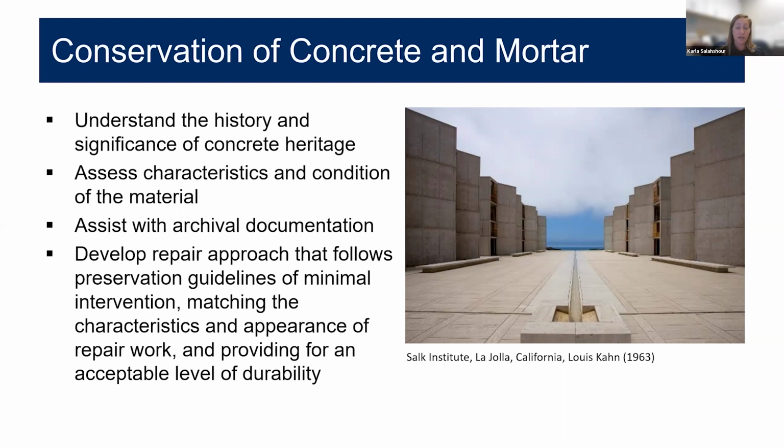We can also use documentation, but we can take those findings and develop a repair approach that follows preservation guidelines to account for minimal intervention to match the characteristics and appearance of repair work and provide a level of durability you need moving forward. And this was the scope that was taken for the Salk Institute project that we spearheaded, originally constructed in 1963.